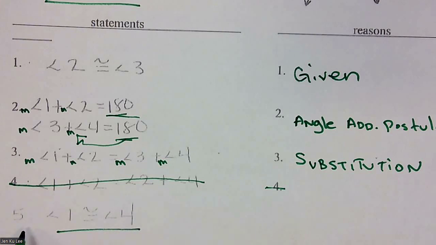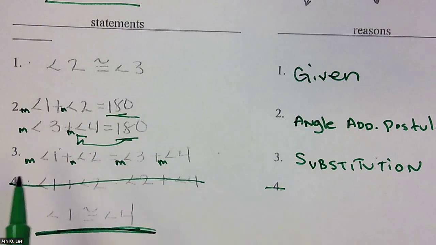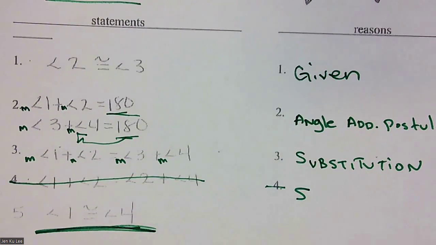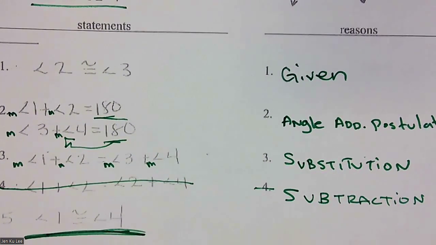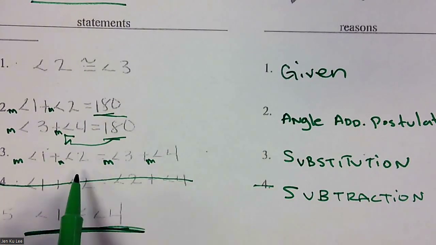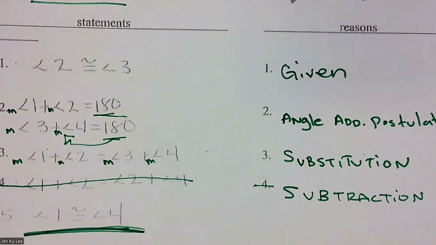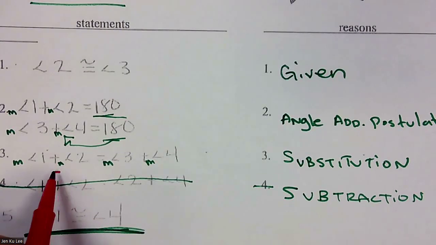And how do I get to the proof statement now from step 3? We subtracted. Okay? We subtracted basically from here, from step 3, we subtracted step 1.